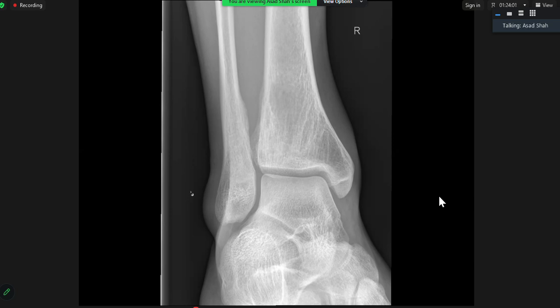But are you worried about the abnormality you described in the distal tibia? Yeah, also, I think there is some linear line involving the medial malleolus. So the region of lucency needs to be assessed further by cross-sectional imaging in the form of MRI of the knee involving the distal tibia.